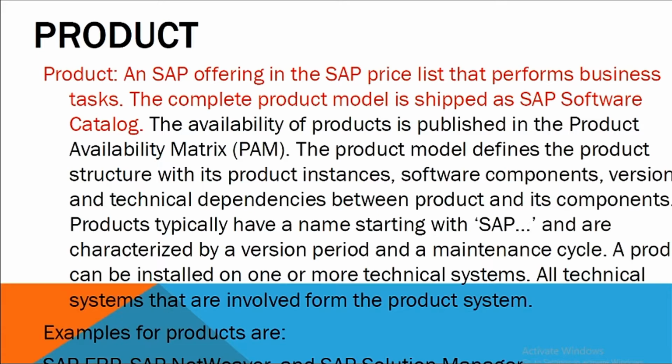Products typically have a name starting with SAP, and are characterized by a version period and a maintenance cycle. A product can be installed on one or more technical systems. All technical systems that are involved form the product system. Examples for products are SAP ERP, SAP NetWeaver, and SAP Solution Manager.